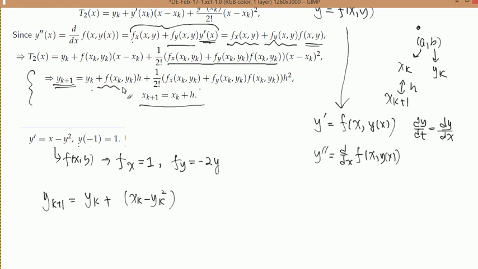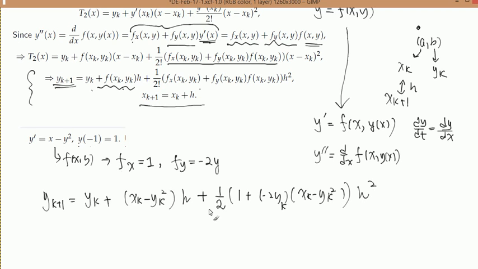That's what that part is. And h was fixed, and here it was 0.5 probably, plus h squared over 2 factorial, so it's 1 over 2. What is partial x is 1, partial y is negative 2y, multiplied by xk minus yk squared, like that, and h squared, right?